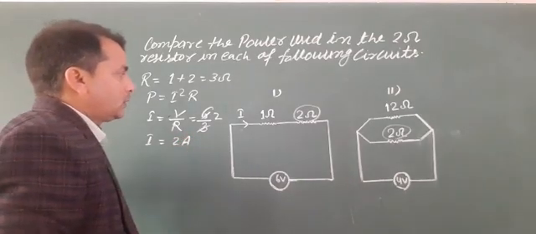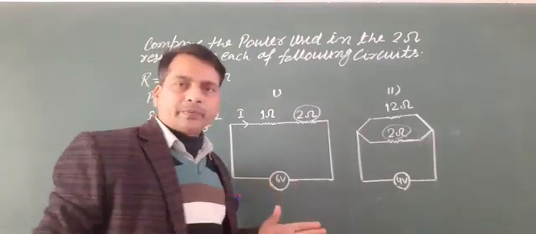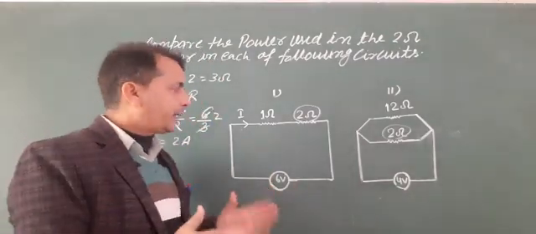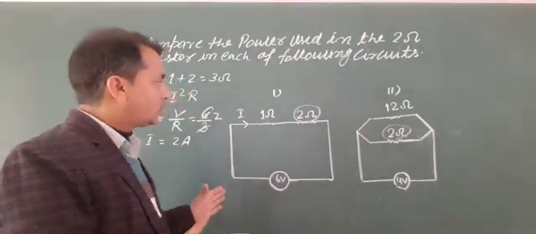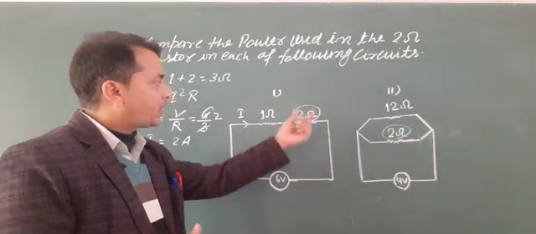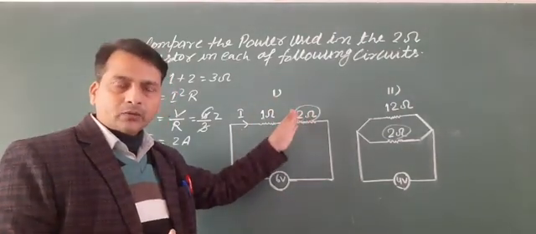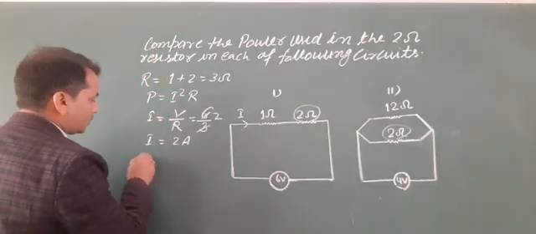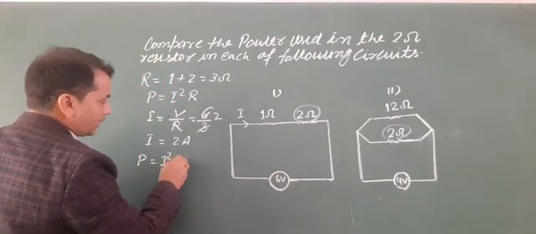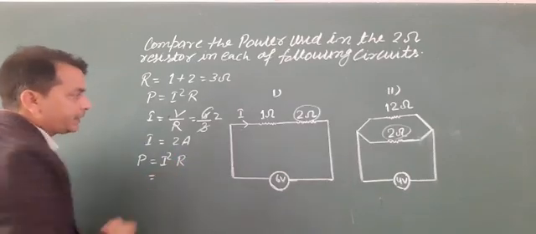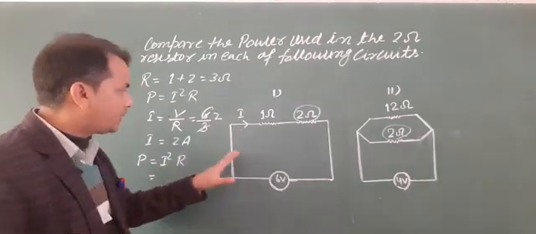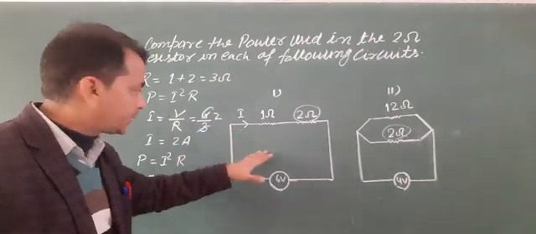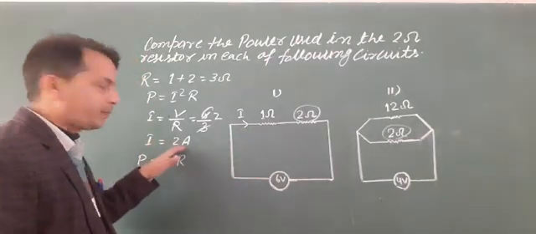Now the next step in this question is the power. We can calculate the power on the 2 ohm resistor using P equal to I square R. The value of electric current I in this circuit is 2 ampere.